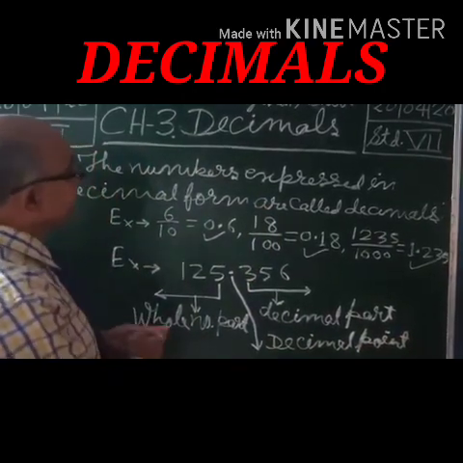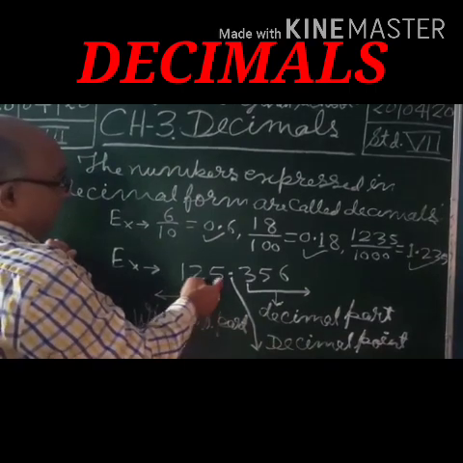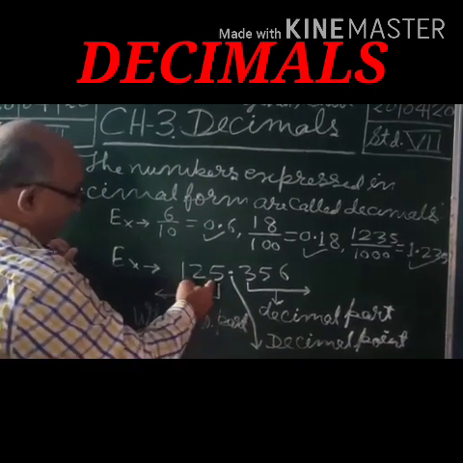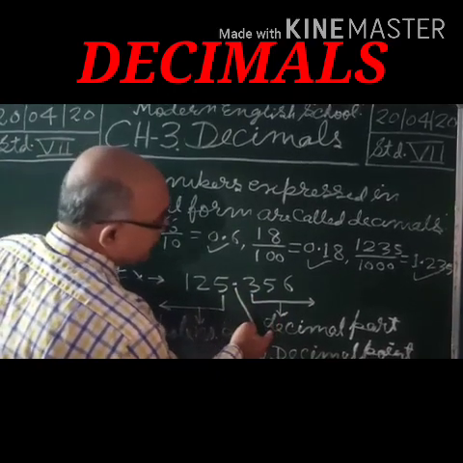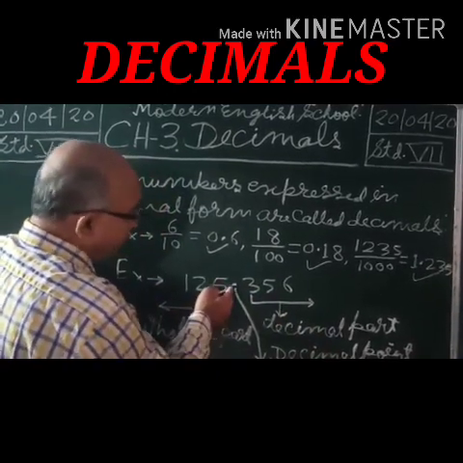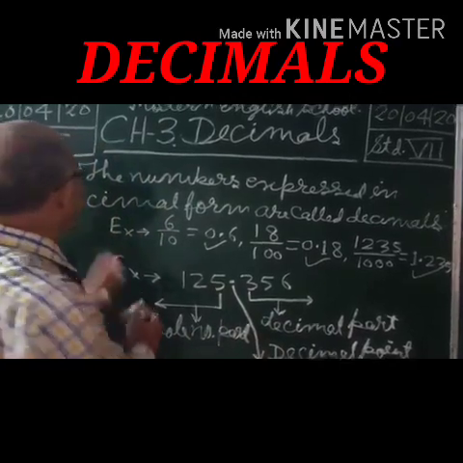Write it. 125 is whole number part and 356 is the decimal part, and the point is called decimal point. So write it.